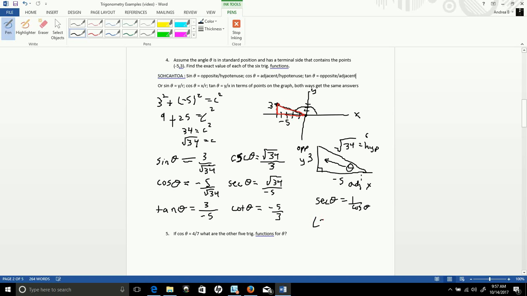Cosecant of theta is equal to 1 over sine. And that your cotangent of theta is equal to 1 over tangent. So in other words, they're always reciprocals of each other.